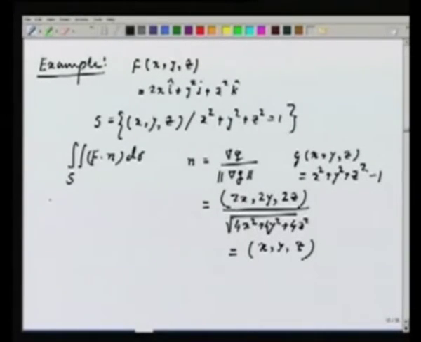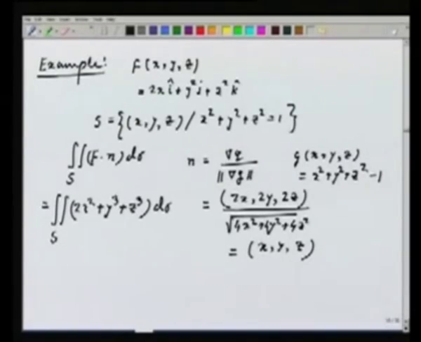So then the integrand will turn out to be the double integral over S, where f dot n is 2x squared plus y cubed plus z cubed, and then d sigma, which I can calculate.